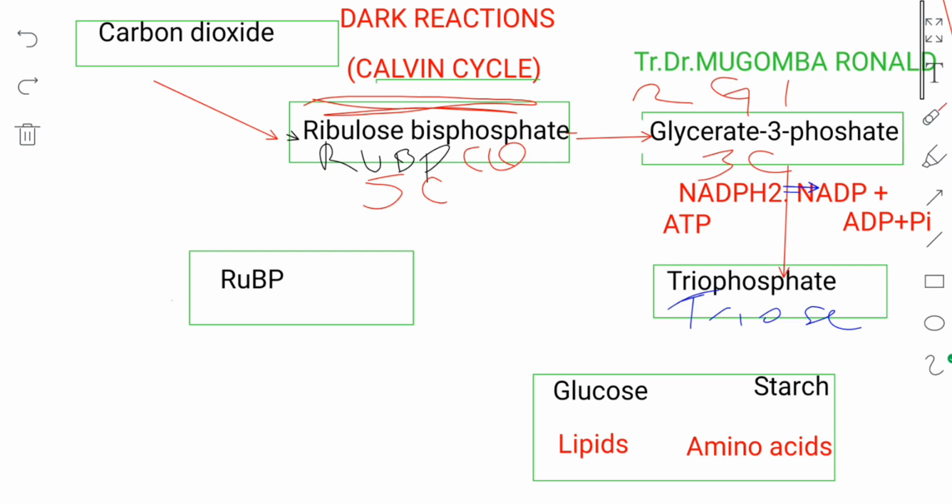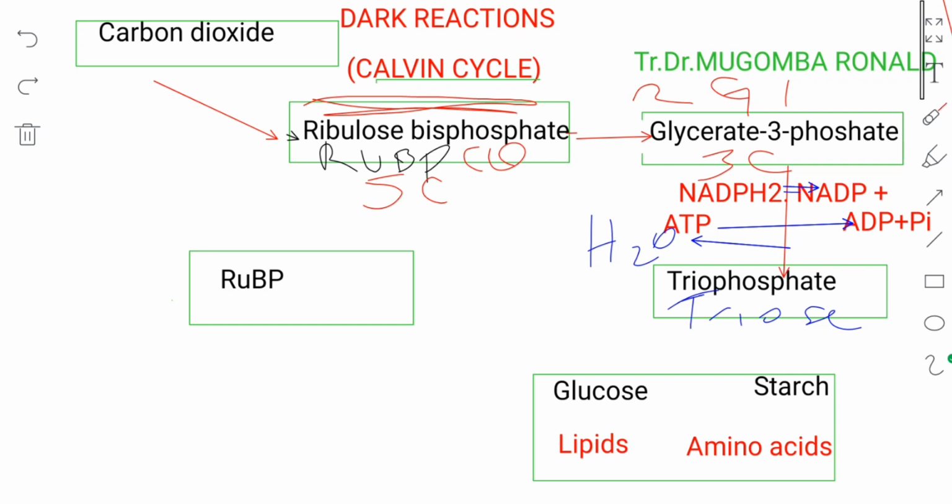Another molecule that is broken down is ATP. ATP is converted to ADP and an inorganic phosphate. That enables us to form triose phosphate. In this reaction we also see some water being produced.